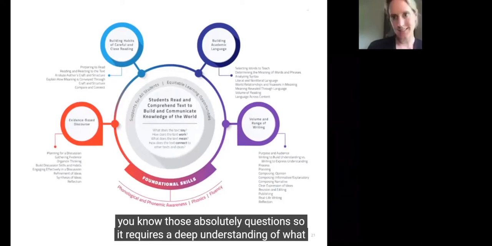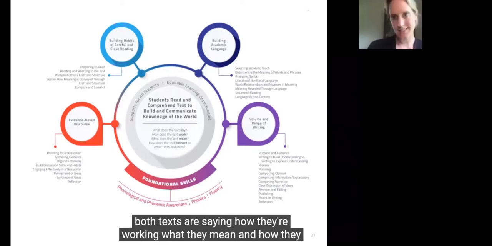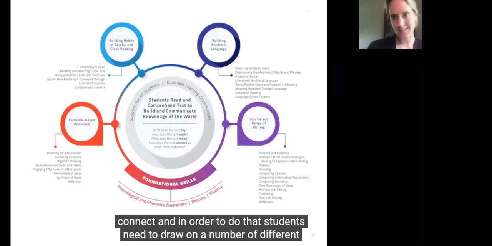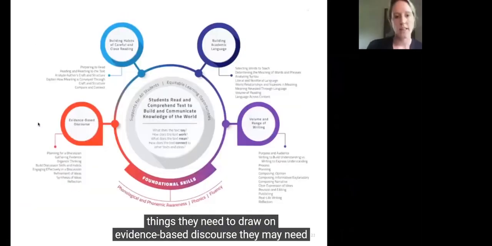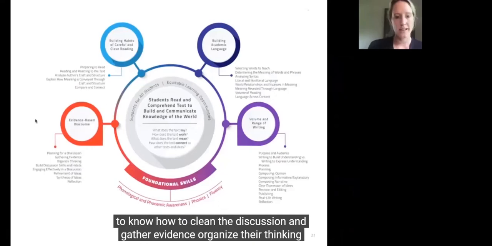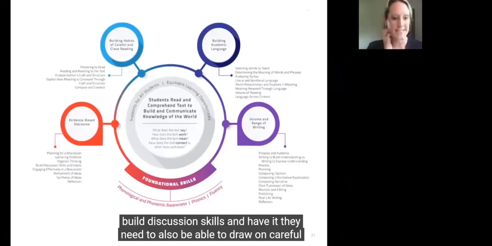So it requires a deep understanding of what both texts are saying, how they're working, what they mean, and how they connect. And in order to do that, students need to draw on a number of different things. They need to draw on evidence-based discourse. They need to know how to plan a discussion, gather evidence, organize their thinking, build discussion skills and habits.